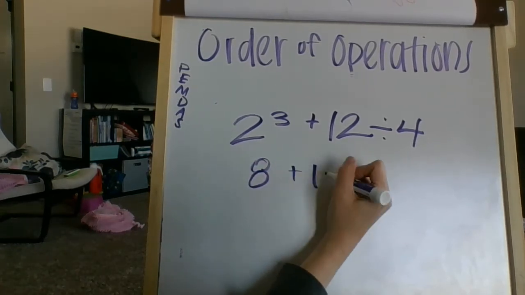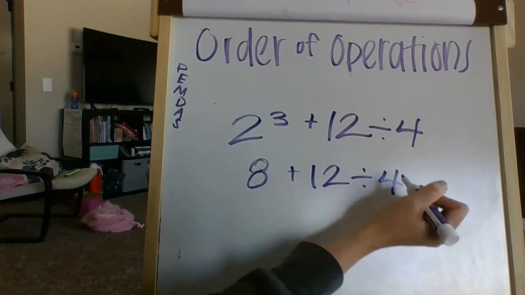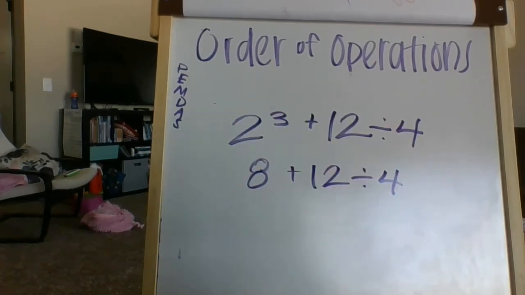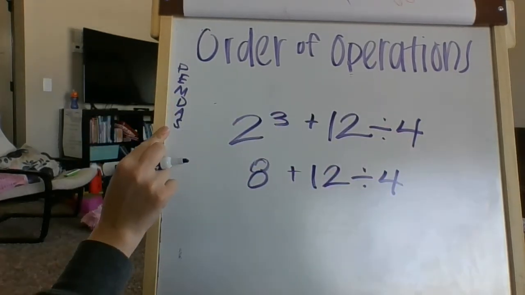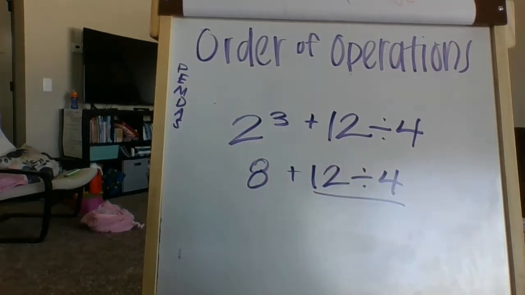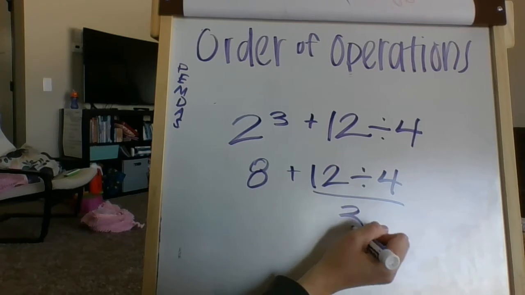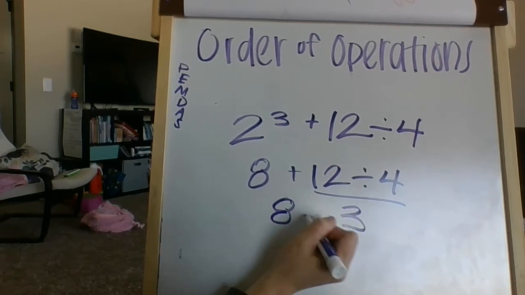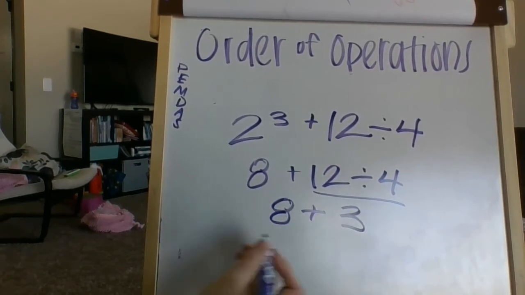So now we have 8 plus 12 divided by 4. Our next thing, if we're following down our order, is our division. So here, we're going to do our 12 divided by 4, which is 3. Now what's left over? We have our 8 plus 3, which equals 11.